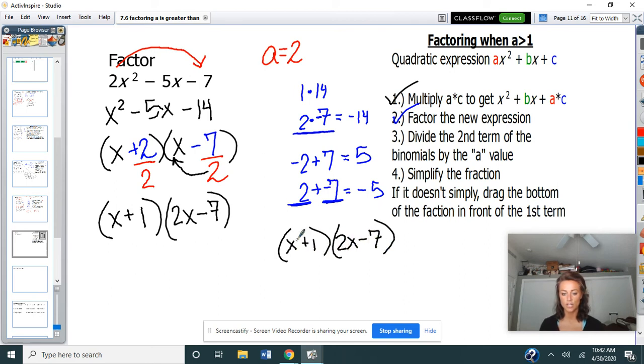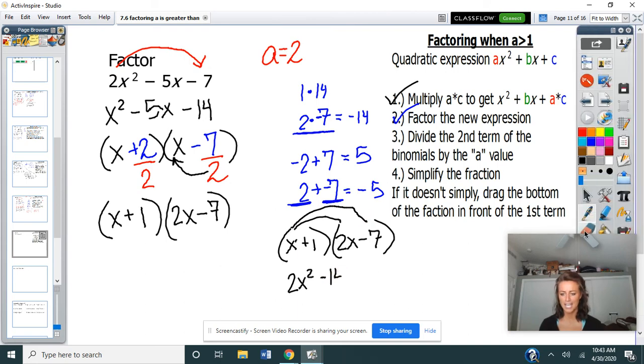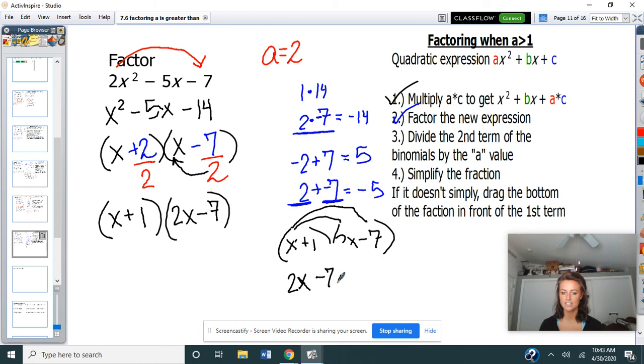Now remember, how do you check to see if you're right? We distribute out. So x times 2x is 2x squared. x times negative 7 is negative 7x.